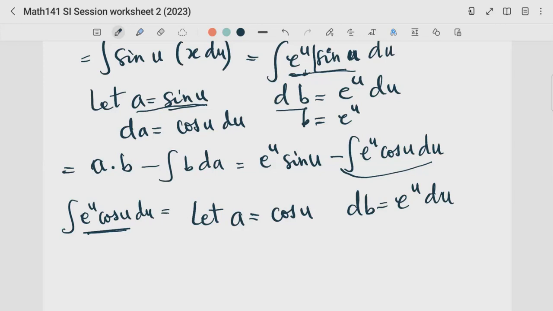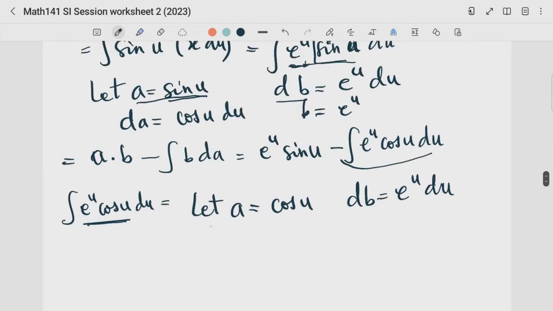Okay, so now, to stay consistent, our da is negative sine u du. Our b is e to the u.